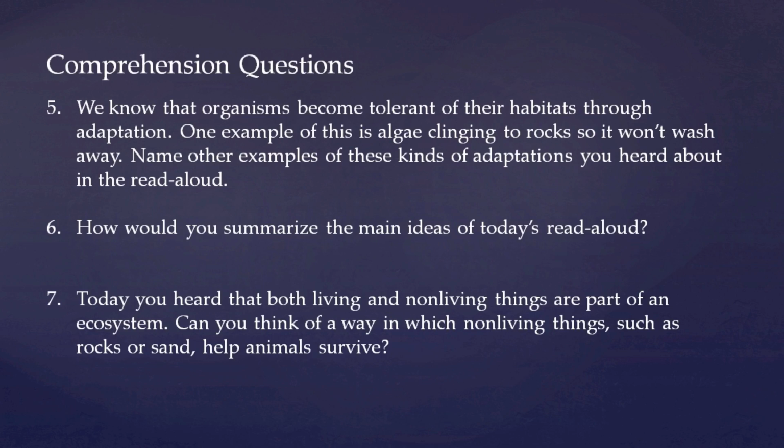As I heard in the read aloud, other examples of these kinds of adaptations are succulents storing water in their stems, allowing them to live in the arid desert. The Arctic fox having a short, round body and lots of fur, allowing it to survive in extreme cold. The antelope migrating and running very fast, allowing it to survive in the grassland.